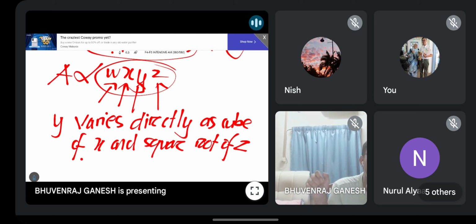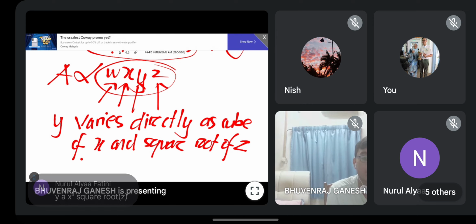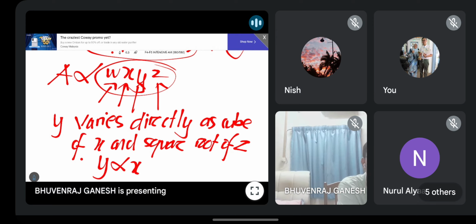You can use the alpha symbol for A untuk lebih senang. Yes, very good. Okay, Y varies directly as X cube. Cube of X means X power 3. X kuasa 3 and then square root Z. Punca kuasa 2 Z. Kalau kamu tak nak tulis macam ni, kamu boleh tulis macam ni pun betul.